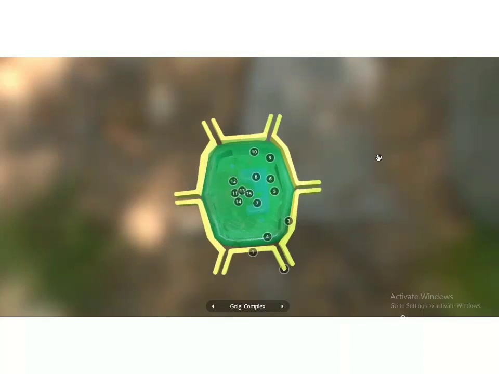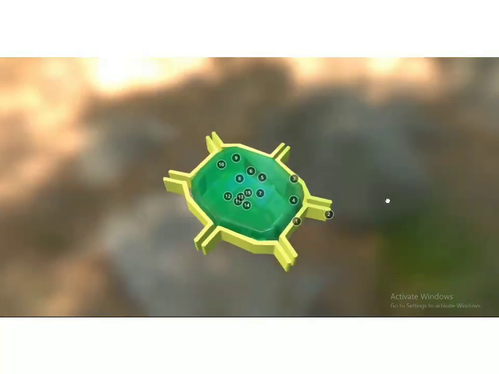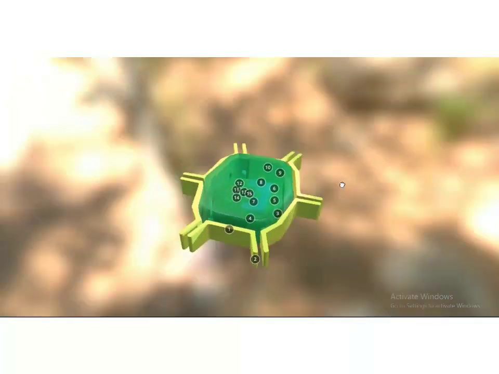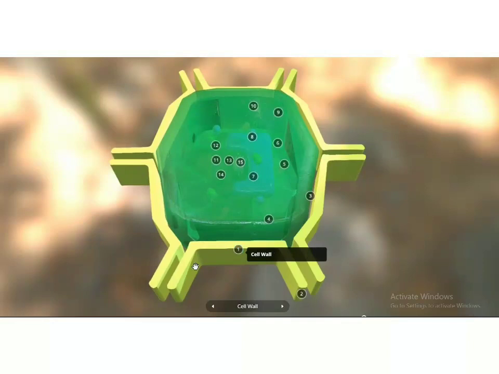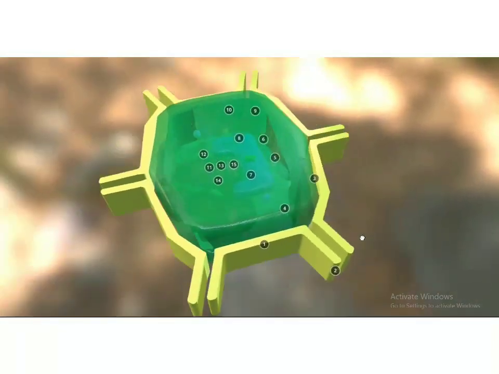This is the 3D animated model of a plant cell. Let's start with the plant cell and its cellular organelles. The first one is the cell wall. This yellowish outer layer, the boundary or border of a plant cell, is called the cell wall.